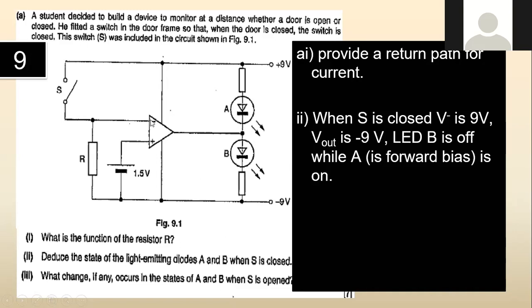So it means that the output will straight away go to negative because the negative terminal is greater than the positive terminal. So it goes back to minus 9 volt. Saturated, straight away minus 9 volt. So this becomes reverse bias. This is forward bias. So this is the one that lights up. This doesn't light up. Right? So B is off, A is on.